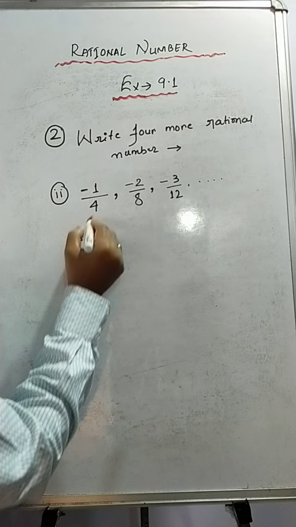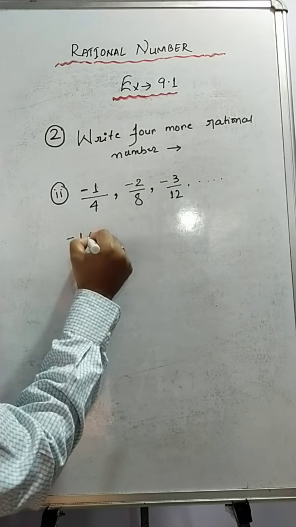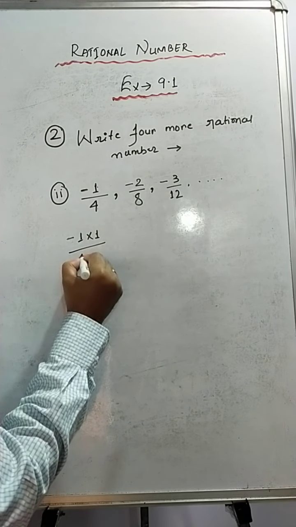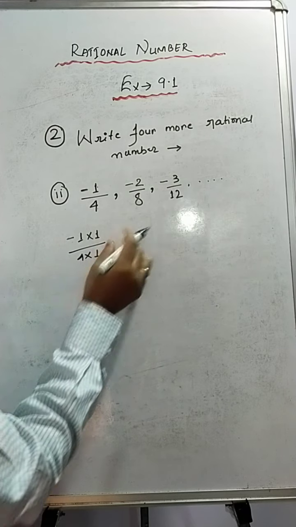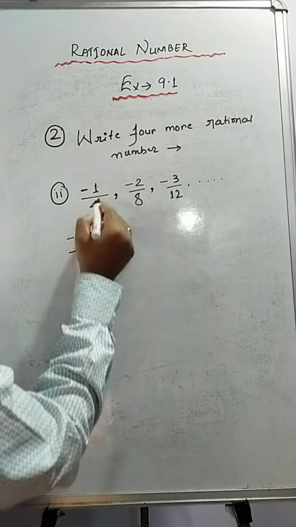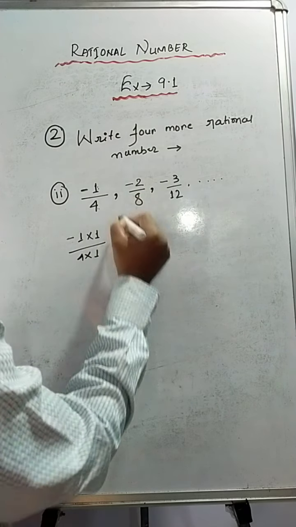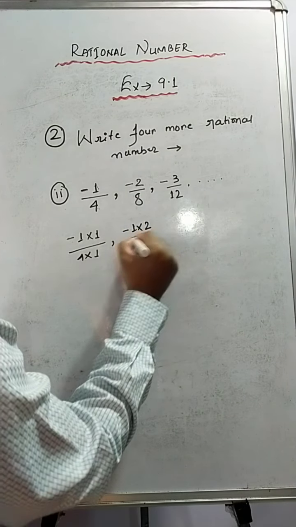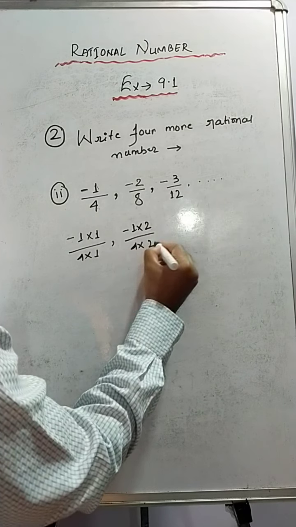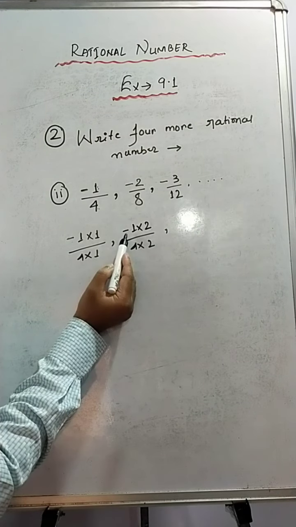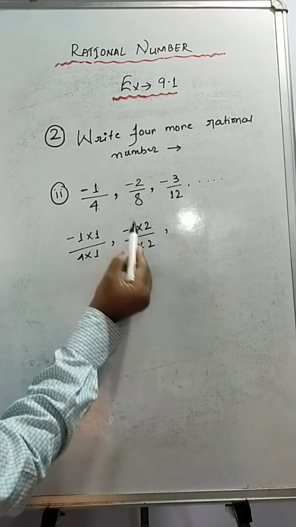That is minus 1, both the numerator and the denominator are multiplied by 1. The second rational number is coming. If you multiply this numerator and denominator with 2, then you will get this one. That means minus 1 into 2, 4 into 2. I hope you can observe this. Minus 1 into 2 is minus 2, and 4 2s are 8.